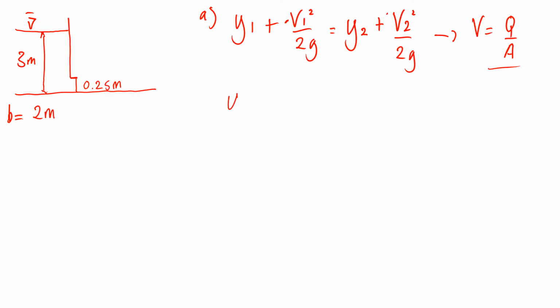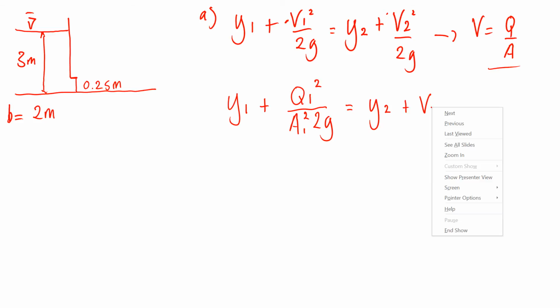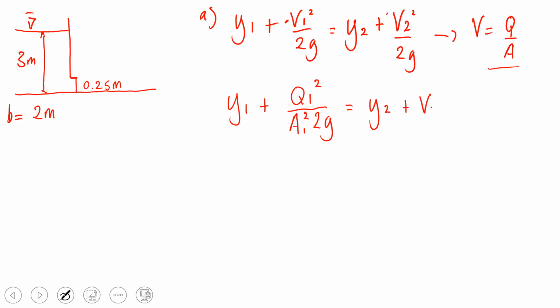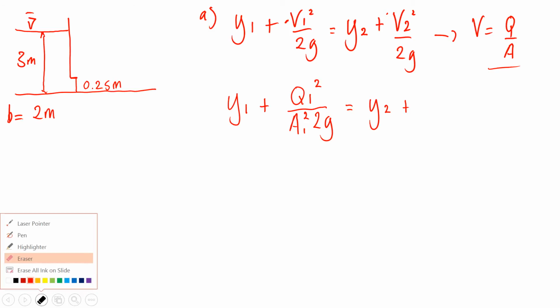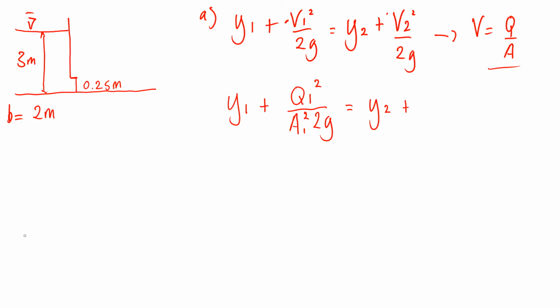So once you do that, you get y1 plus q1 squared over a1 squared 2g, and that is equal to y2 plus q2 squared over a2 squared 2g.